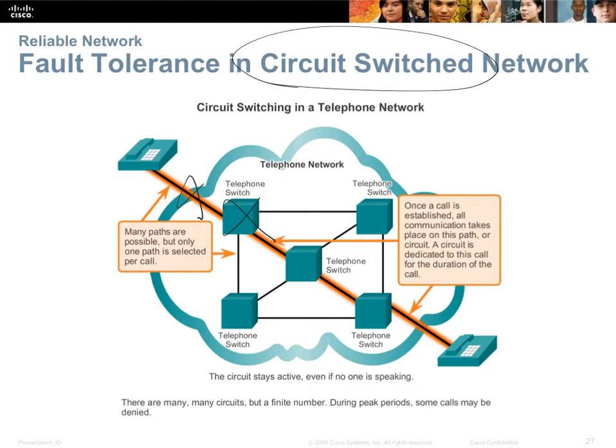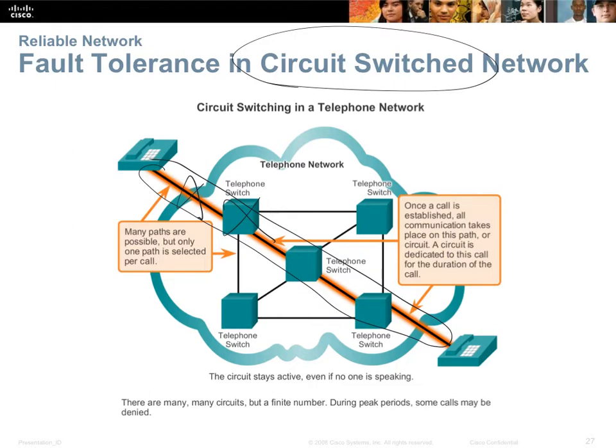When you try to call someone on the other side, you dial the number, and this sends a request to the network, and the network will create this whole circuit for your call. So the network establishes an end-to-end physical circuit to serve your communication.